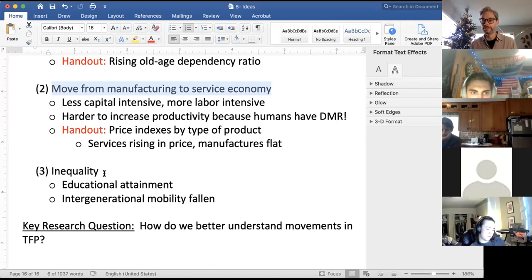Intergenerational mobility refers to how correlated a kid's income is relative to their parents' income. Here's an amazing fact, right? Today in the United States, the correlation between a kid's income and their parents' income is stronger than the correlation between a child's height and their parents' height.